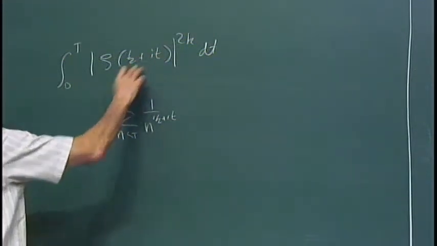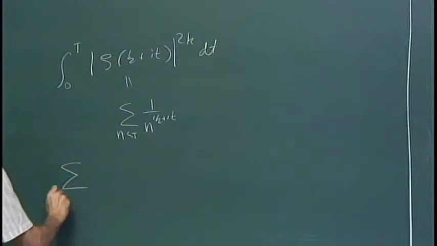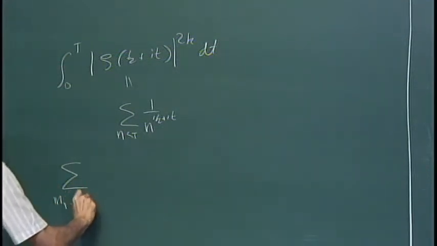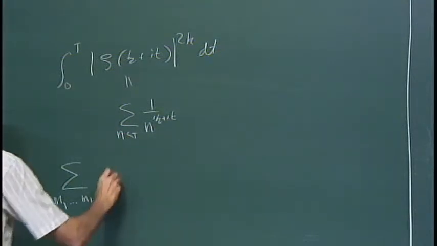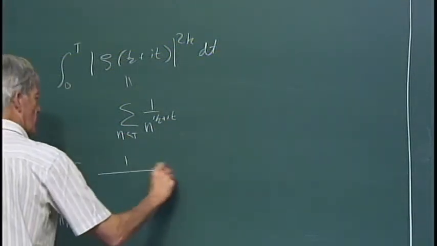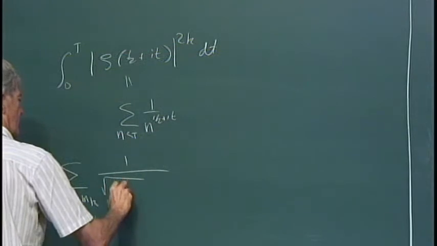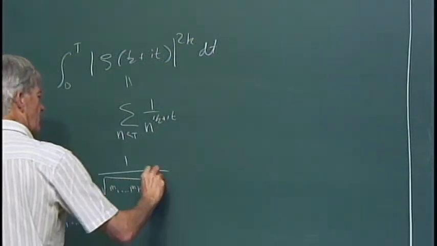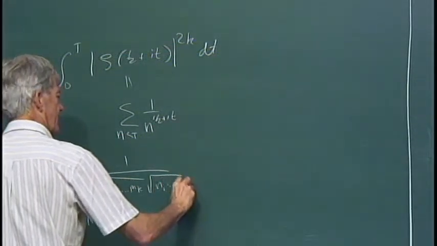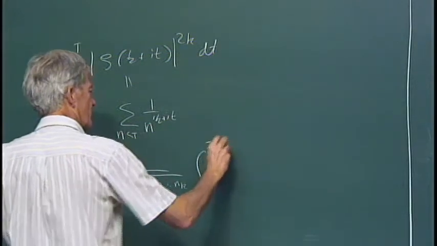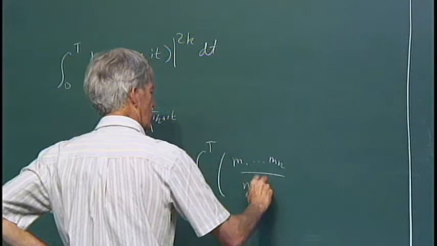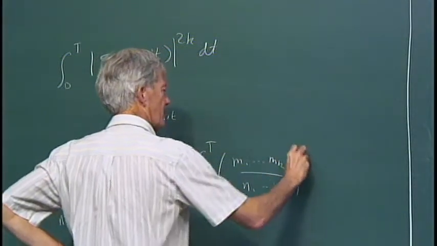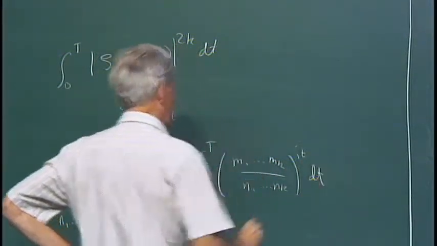Well, if you did every zeta like this, then you're going to have a sum over m1 up to mk and n1 up to nk of 1 over the square root of m1 up to mk, square root of n1 up to nk, and then an integral from 0 to t of (m1 up to mk over n1 up to nk) to the it dt.